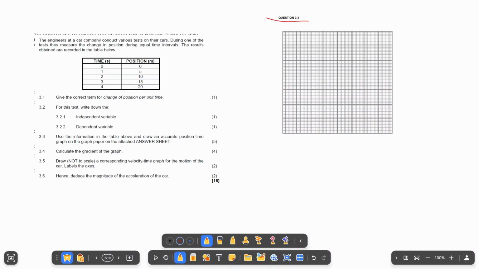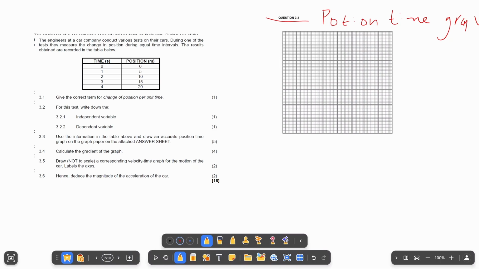Now, the title of this will be position time graph. You will complete the rest.